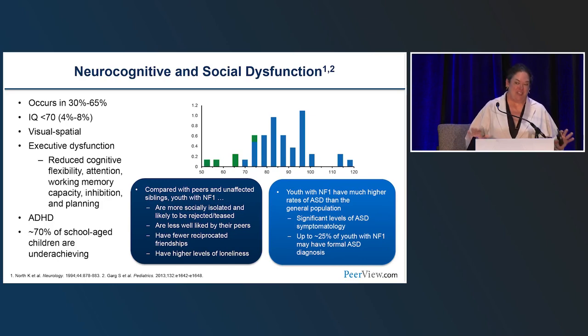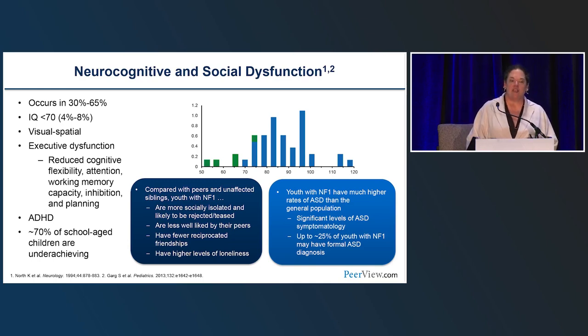And then for all of you who take care of patients with NF, clearly what affects them significantly in their life are some of the neurocognitive and social dysfunction. This is easily half of patients with NF1. IQ being low is actually a smaller percentage, but they probably don't have the IQ span that the general population would.